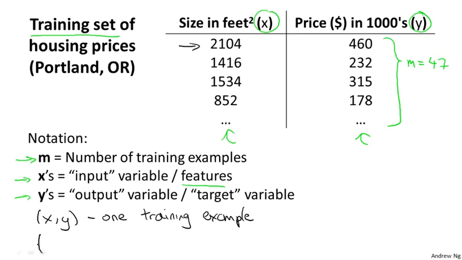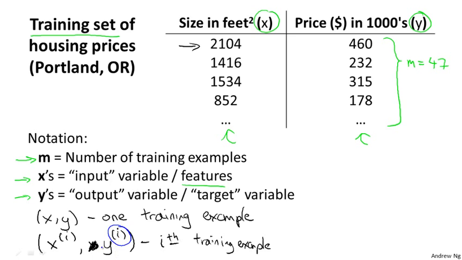And to refer to a specific training example, I'm going to use the notation x^(i), y^(i), and I'm going to use this to refer to the ith training example. Right? So this superscript i over here is not exponentiation.